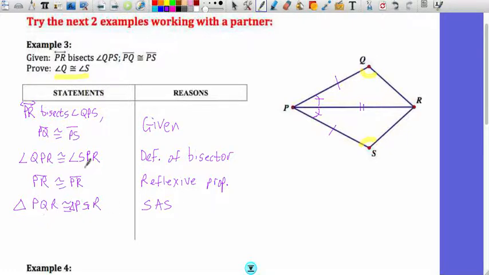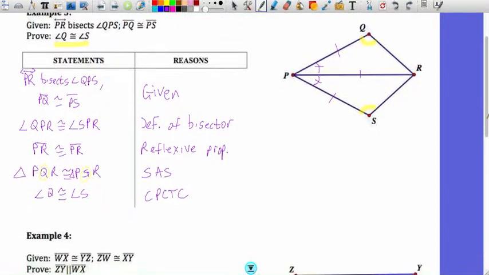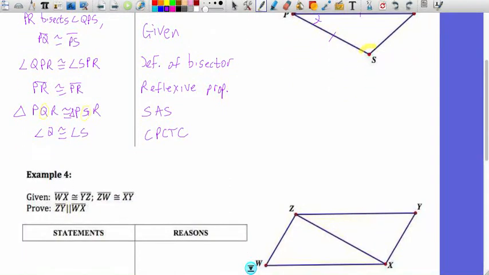We are then able to draw our conclusion. Angle Q and angle S are corresponding to each other. They're corresponding parts of congruent triangles, and so angle Q must be congruent to angle S because of CPCTC, and we've now proved what has been asked.